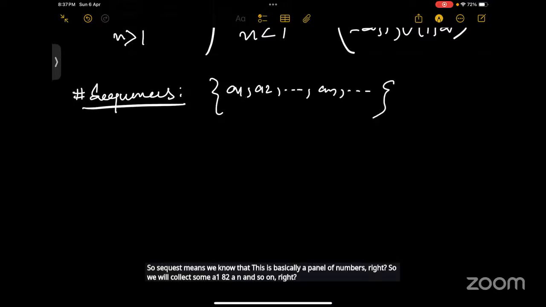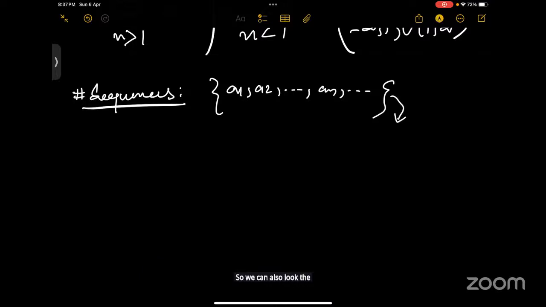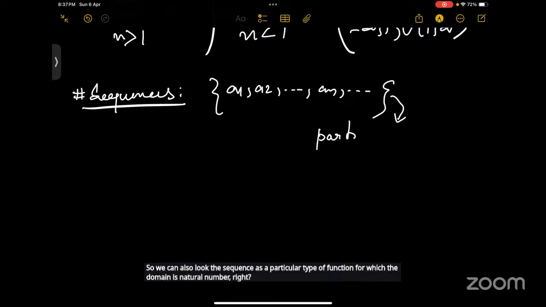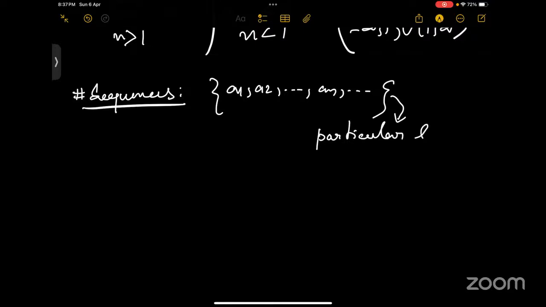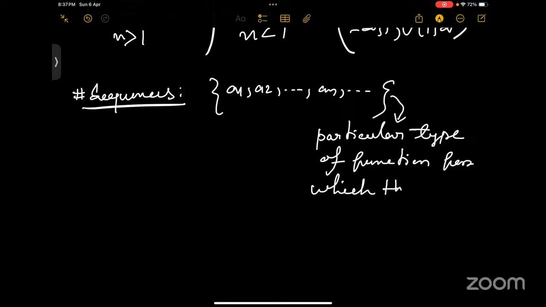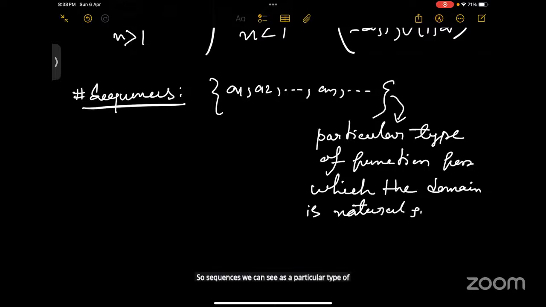We can also look at the sequence as a particular type of function for which the domain is the natural numbers.